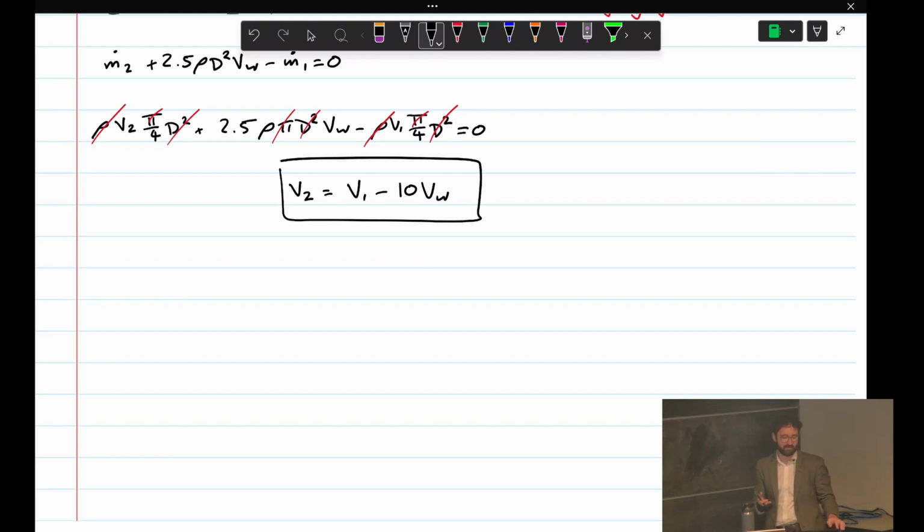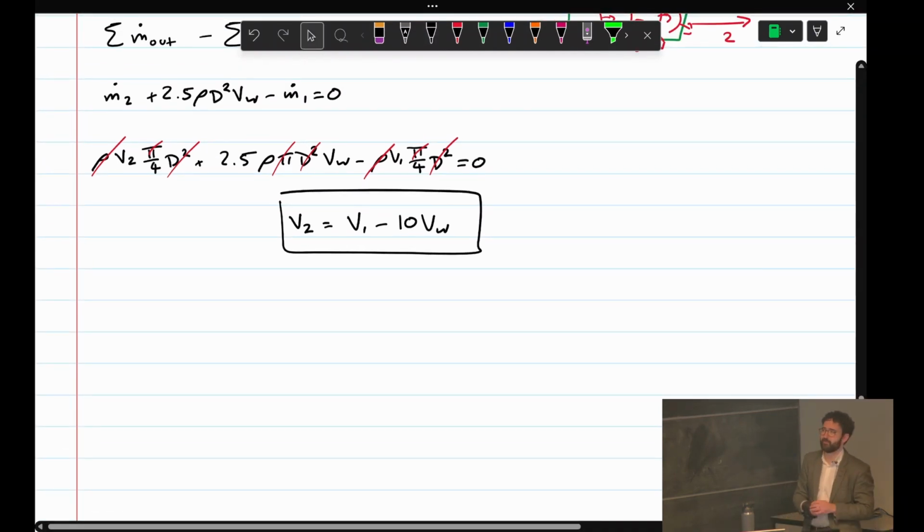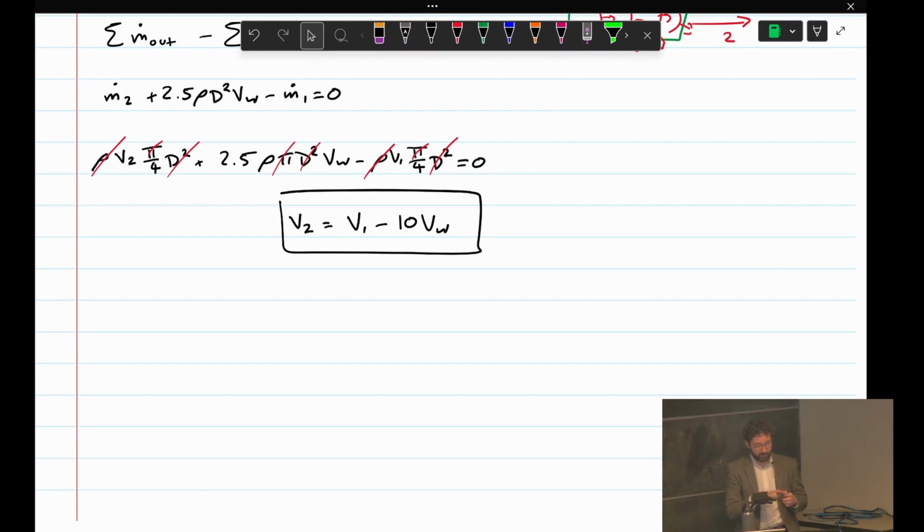So just by mass balance with an assumed linear velocity profile, we can determine V2. Basically that means if there was no porous section in this pipe, V2 would be equal to V1 just by mass conservation, right? So we're losing 10 VW to leakage out of this porous section. Any questions about this mass balance? Because this is the mass, and then we're going to do the momentum now.